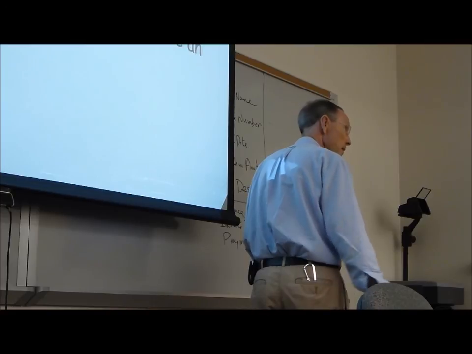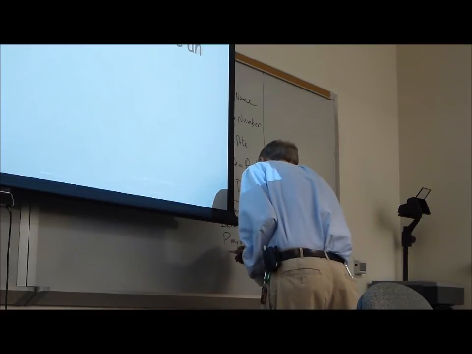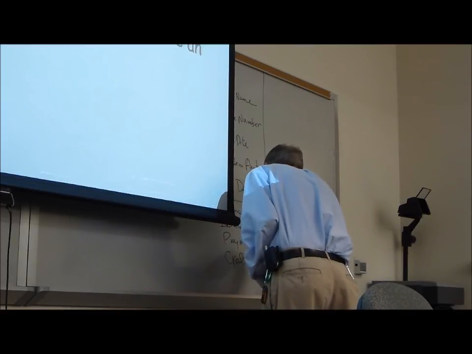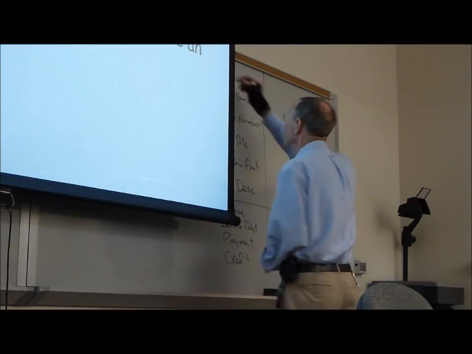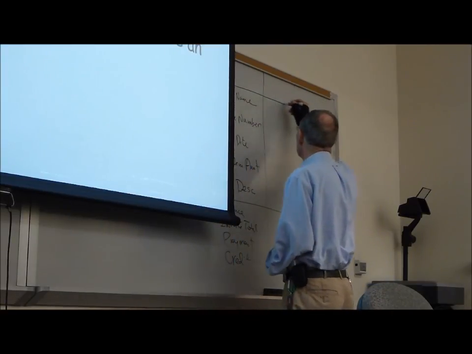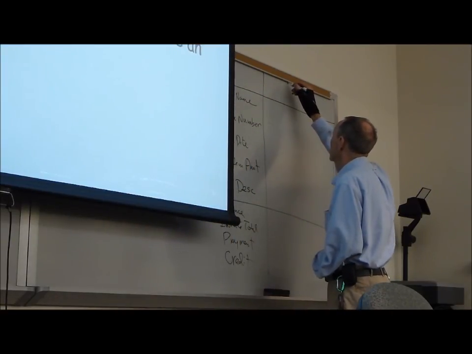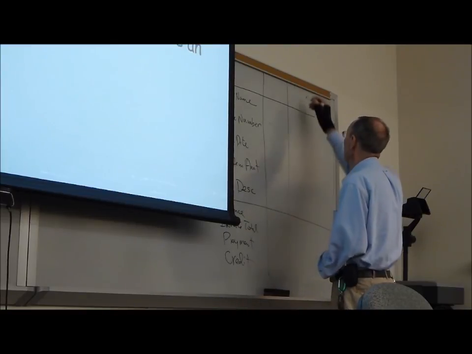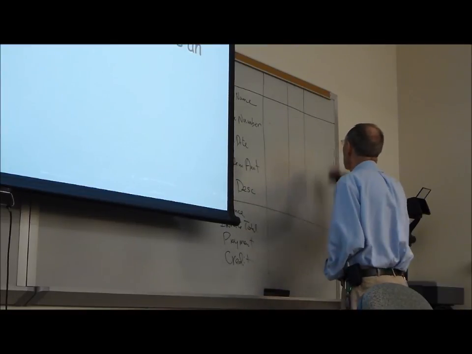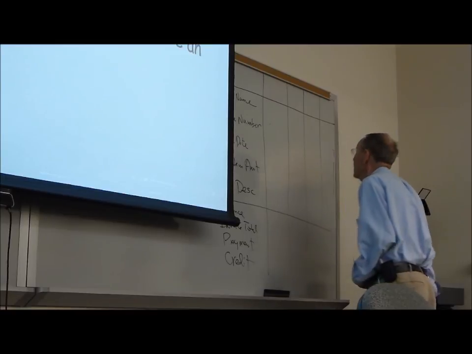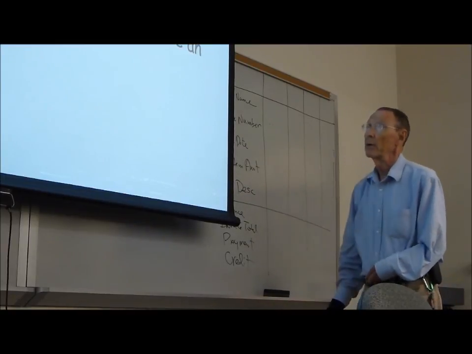We're not going to display it, but we're going to need to have it. Payment and the credit. One table, two, at least have enough. We don't know how many we're going to have.